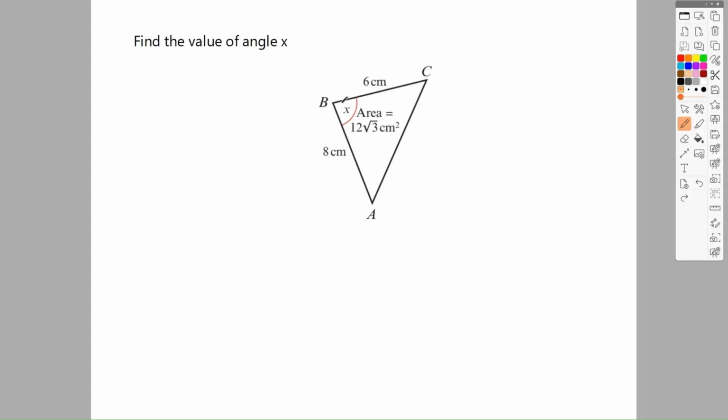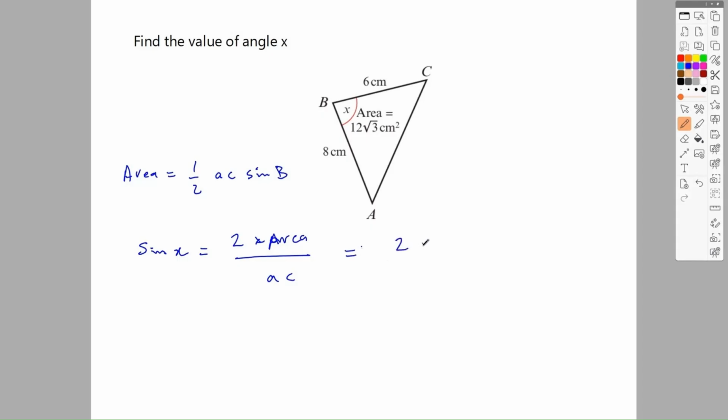Now here we have to find the value of angle x. I have the area of a triangle. I have two sides. I need to find the angle between the two sides. The area equals half ac sine B. And to find sine B, we have to rearrange the equation. Let's make it sine x equals, we have to flip this fraction, so 2 times area over ac.